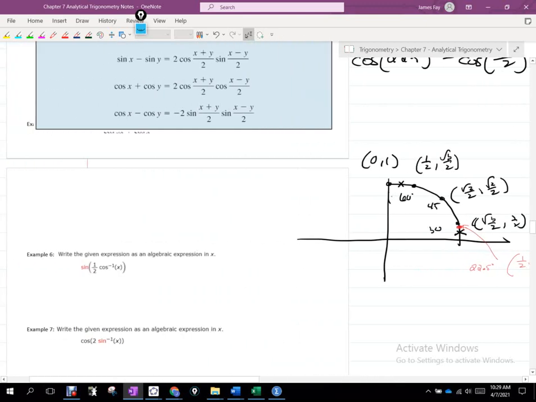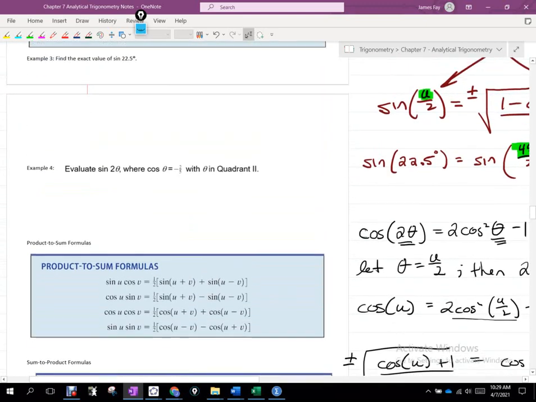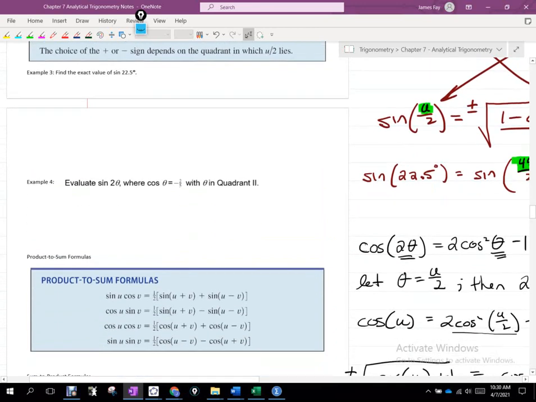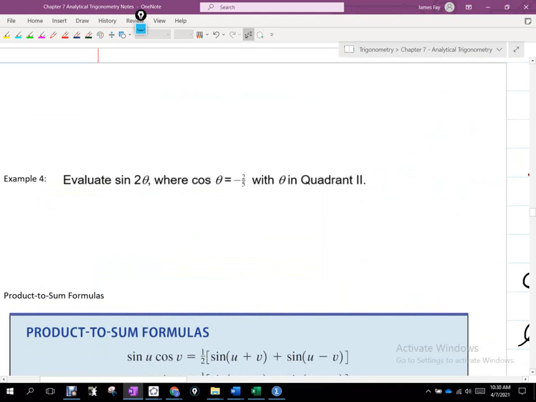Some of these formulas, guys, the direct purpose or the direct usage of them, you'll see when you start working in calculus using trigonometry.